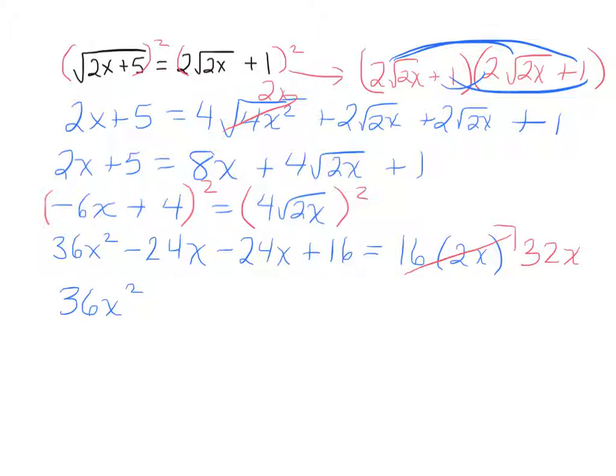I'm going to combine all of the x's. And I get, so negative 24 and negative 24x. And then I'll also subtract the 32. So I end up with negative 80x plus 16.